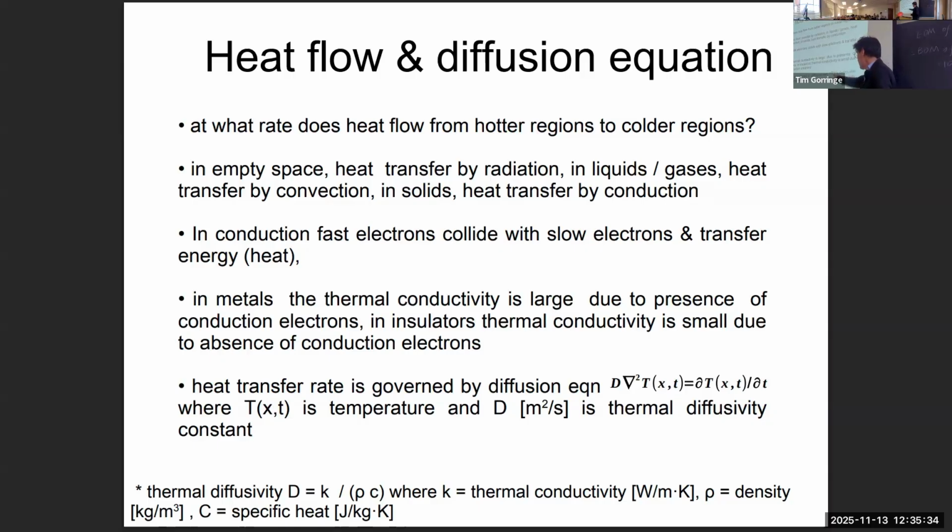The second order differential with respect to space is in proportion to the first order time differential, and there's a coefficient of proportionality. In the context of a diffusion equation, it's called the diffusion constant. In the context of the heat equation, this might be called the thermal constant or the thermal diffusion constant. Anyway, that's the equation that we're going to be solving.